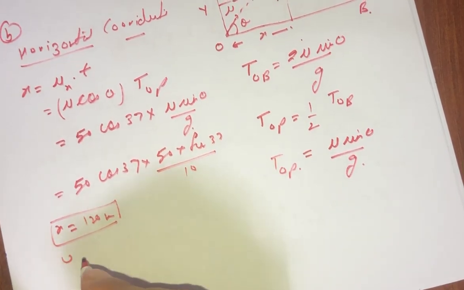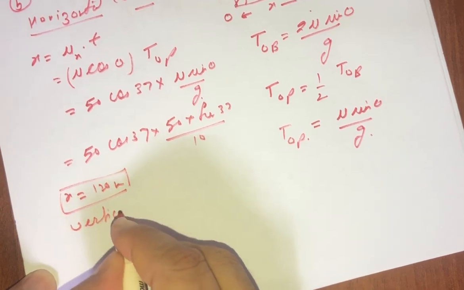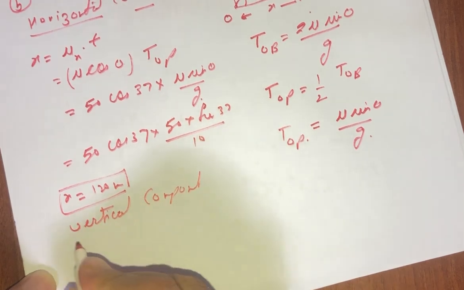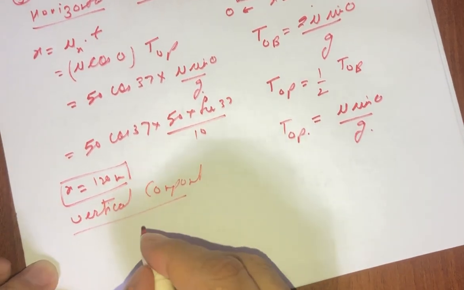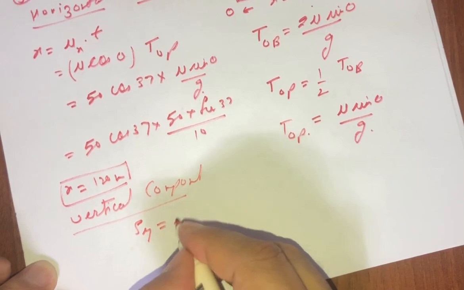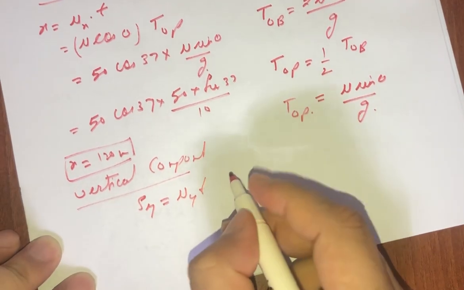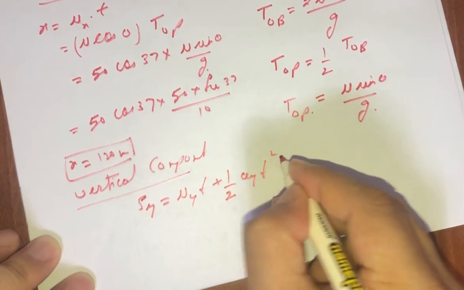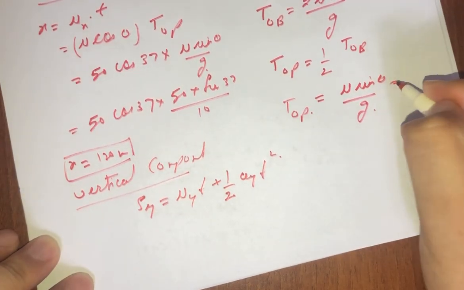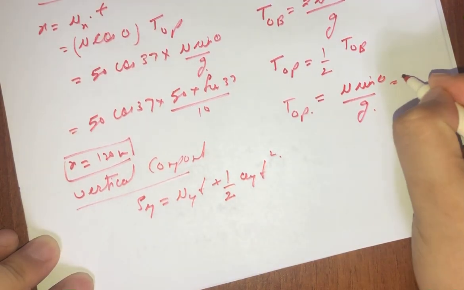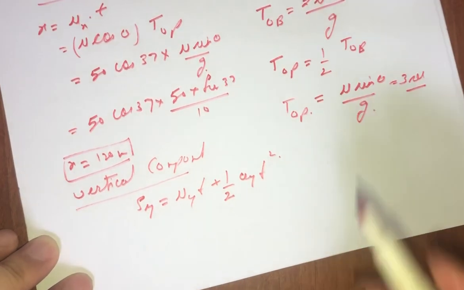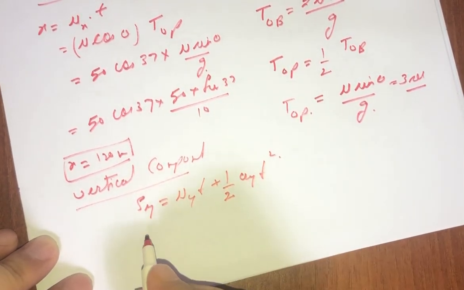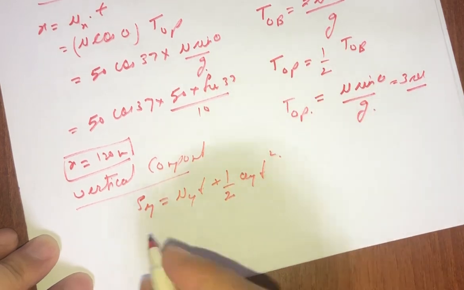For the vertical component, you can say that Sy is equal to uy t plus half ay t square. You can say that this t will be coming as 3 seconds. So indirectly we can substitute this value as 3 also. So x will be the same. So Sy is given as y.